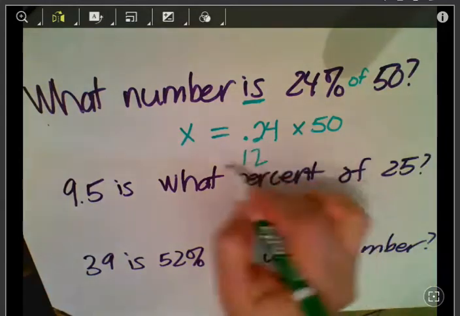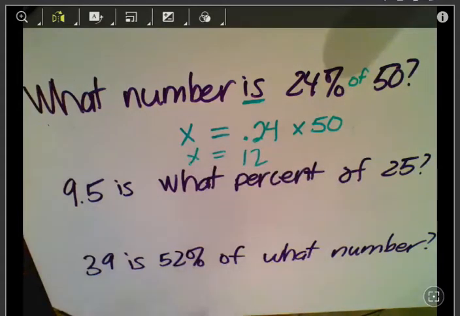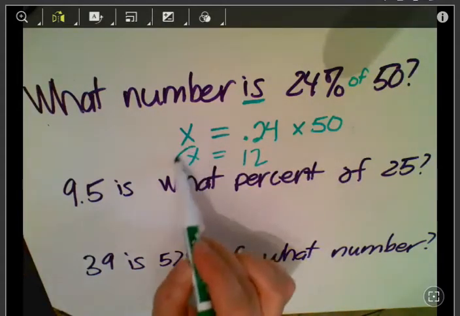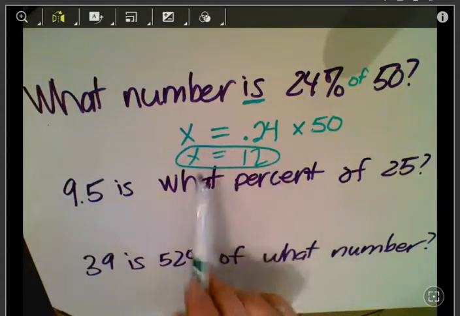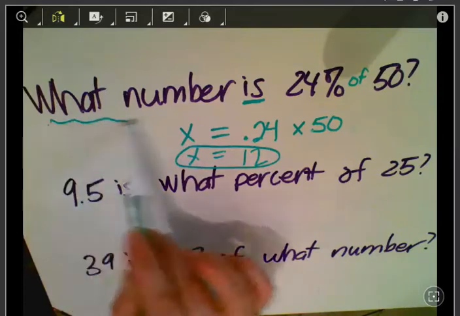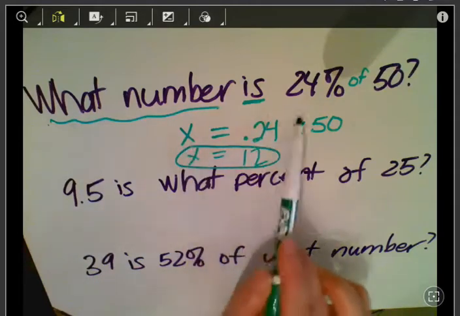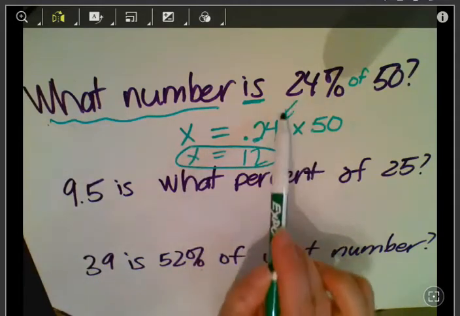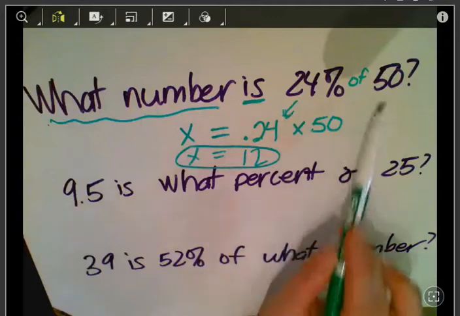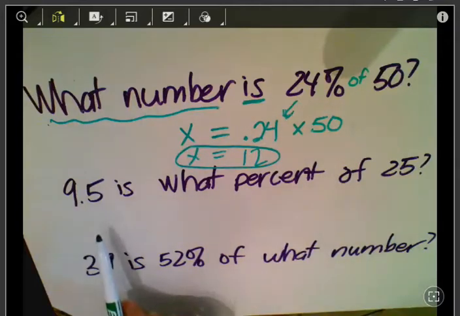So 12 is equal to X. And that's your final answer. So this line, what number is your X, is 24%. That's how you write it as a decimal. Of is times 50.